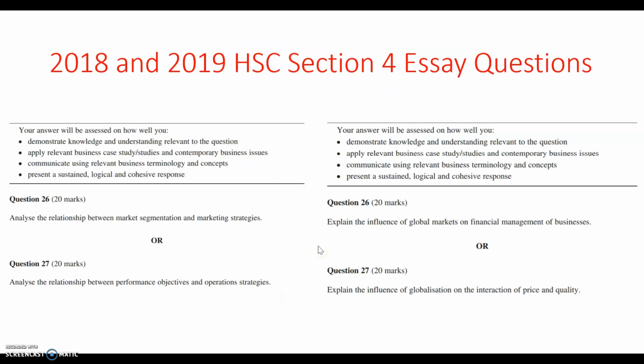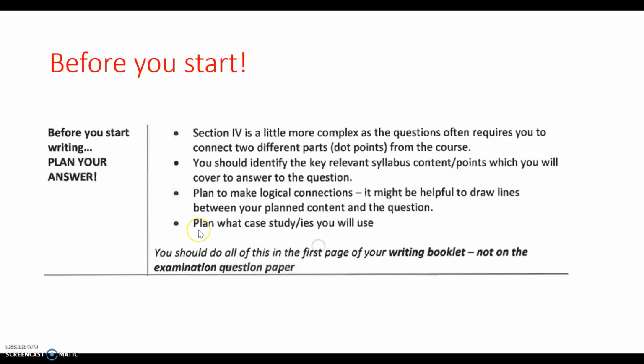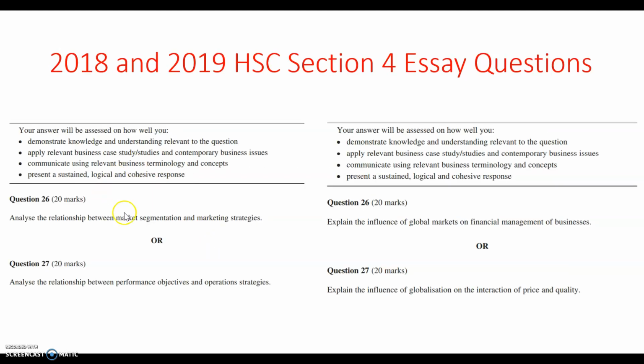To give you a look, on the left is the 2018 questions, and these are the 2019 questions. What you can see is that in 2018 there were two analyse questions and two explain questions.